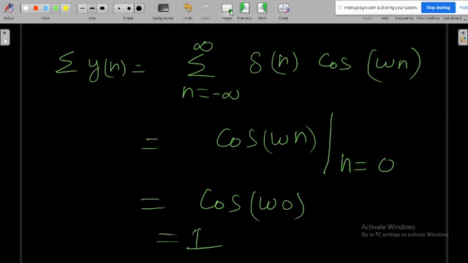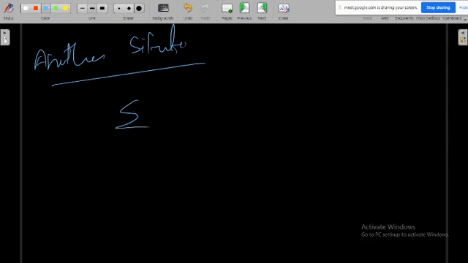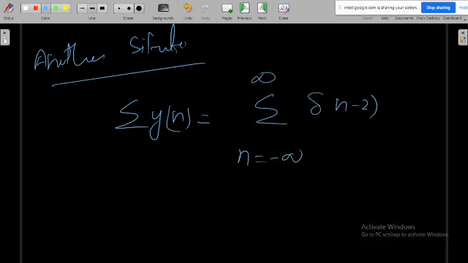Or otherwise, say for example, another situation. Suppose you are calculating summation y of n from minus infinity to plus infinity of delta of n minus 2 cos of omega n, then how to calculate this?